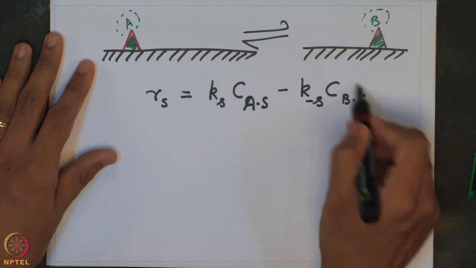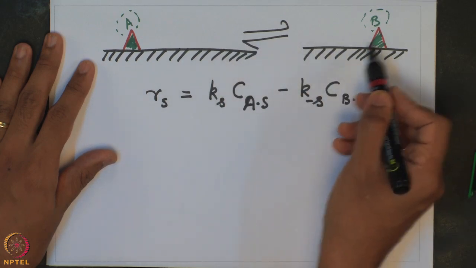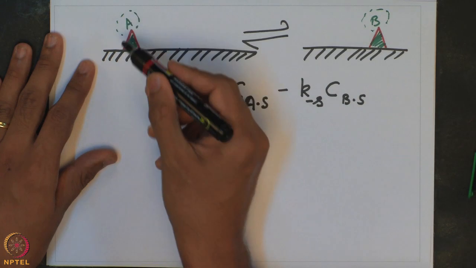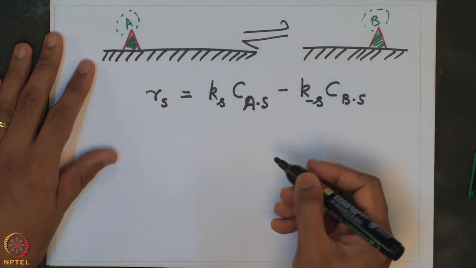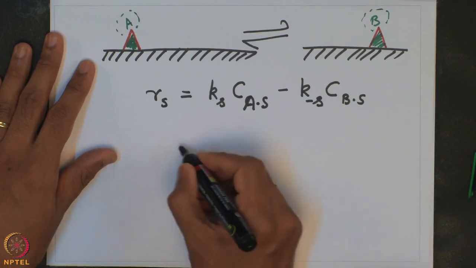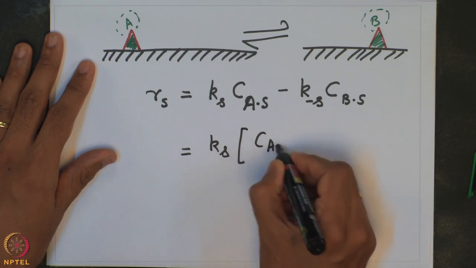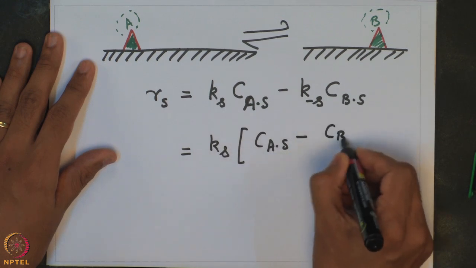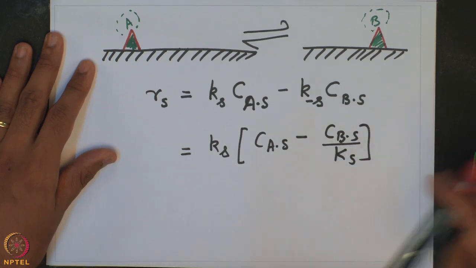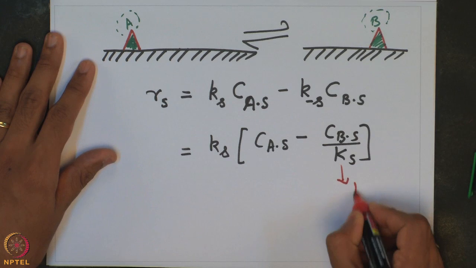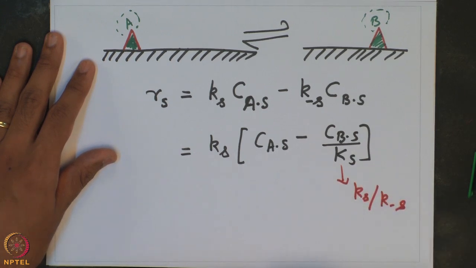This second term is essentially the rate at which the adsorbed product species may go back and form the reactant itself. So, it could be a reversible step, and we could write this as Ks into C_As minus C_Bs divided by K_S, which is essentially the equilibrium constant. So, K_S is nothing but Ks divided by K minus S in this case.